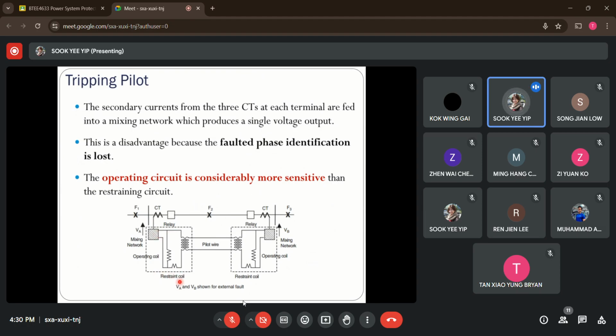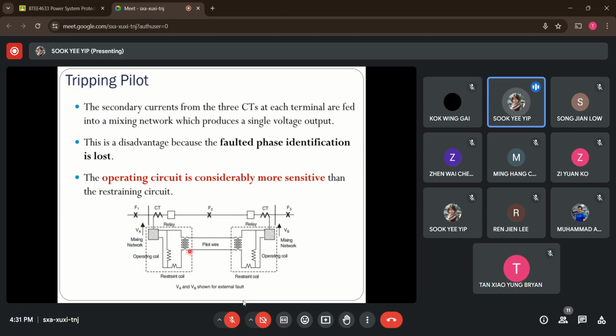The restraining coil is the one that tries to hold the operation, which means that it will not operate in normal situations. At the same time, there is an operating coil. Of course, whenever current flows through the operating coil, it tries to trip the circuit breaker. So this operating coil has to be set much more sensitive than the restraining coil.